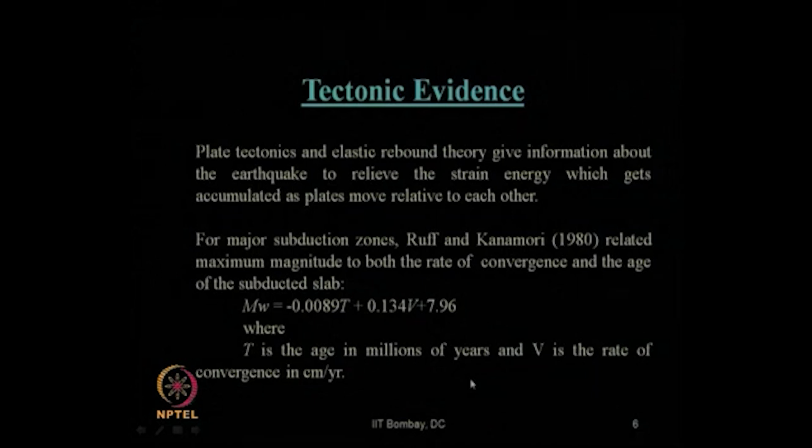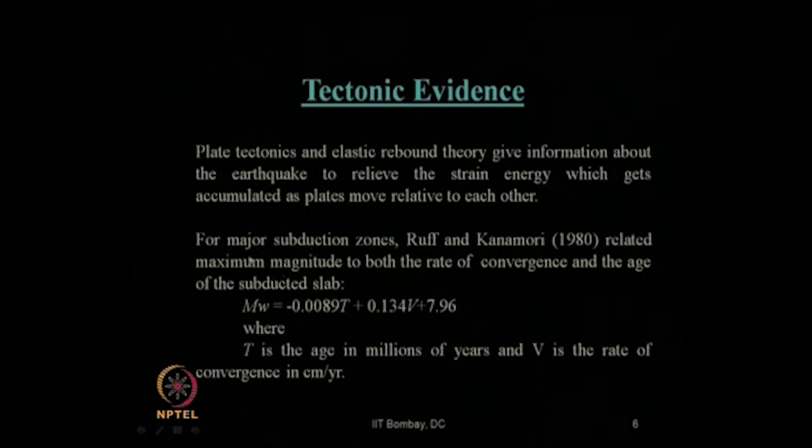Now, we are looking at how, through the tectonic evidence or plate movement, we can find out this moment magnitude of an earthquake. Plate tectonics and elastic rebound theory give information about the earthquake relieving the strain energy which gets accumulated as plates move relative to each other. That is what happens during plate movement in plate tectonic theory, which we have learned.